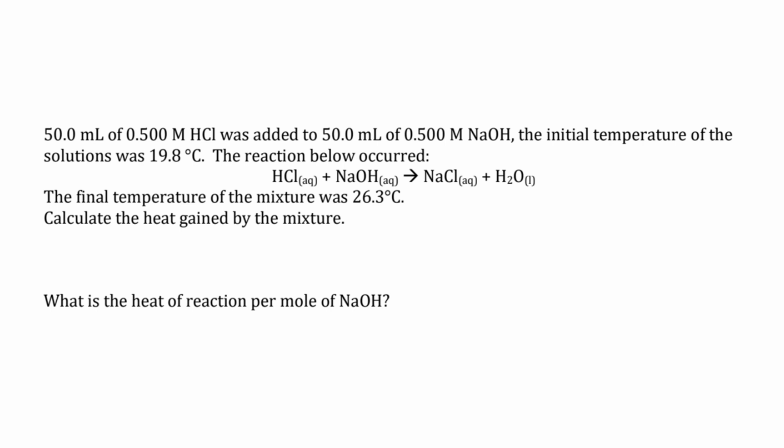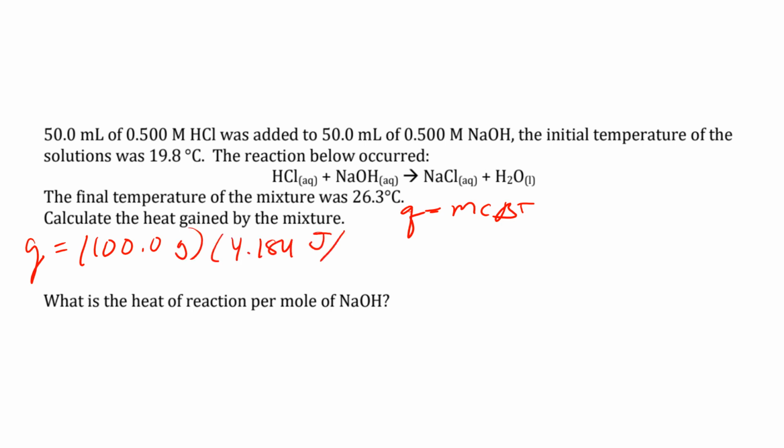So Q equals mc delta T is the equation I'm going to use. Q equals 100.0 grams times 4.184 joules per gram times degrees Celsius times 26.3 minus 19.8 degrees Celsius.